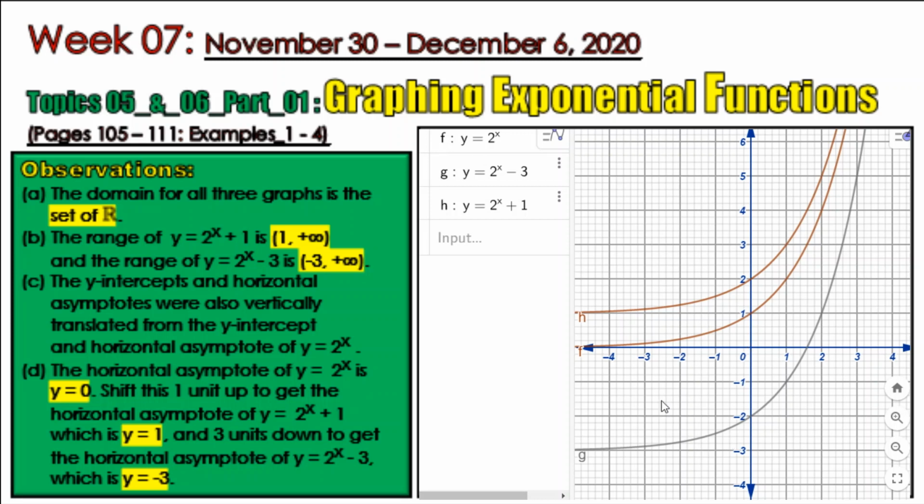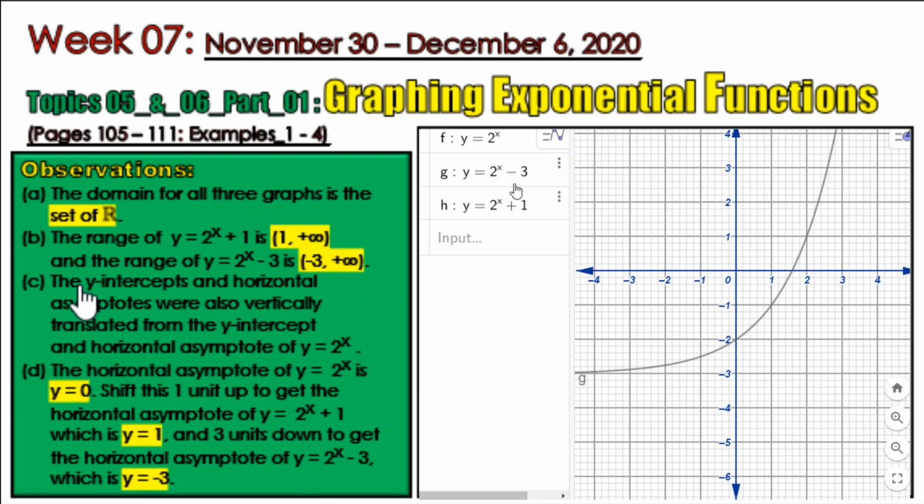So let us go back to our graph. Let us start with the second function, y is equal to 2 raised to x minus 3. If you can see, as the value of x decreases, the value of y approaches negative 3. Okay, it approaches the value of y equal to negative 3, and this graph approaches the line y is equal to negative 3.